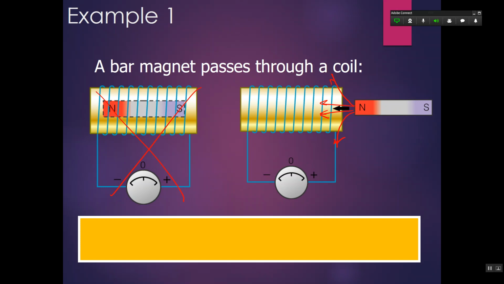If the magnet's getting closer and entering the solenoid, is the magnetic field inside going to be increasing or decreasing? Increasing. Increasing to the left or increasing to the right?